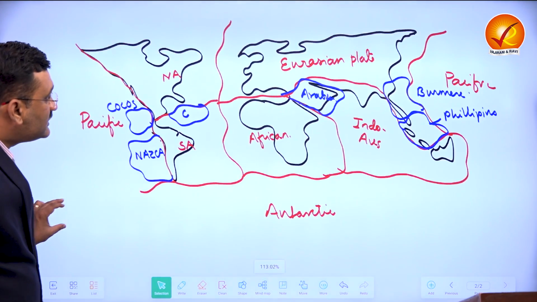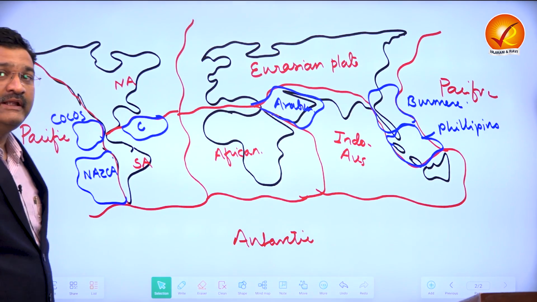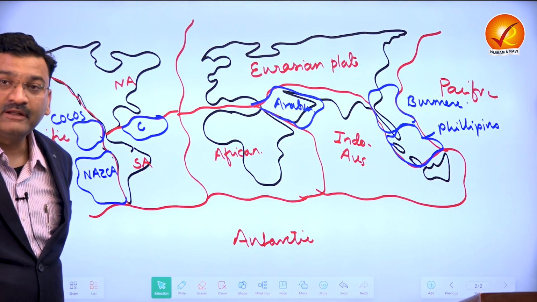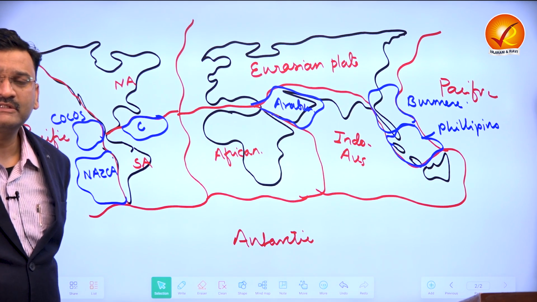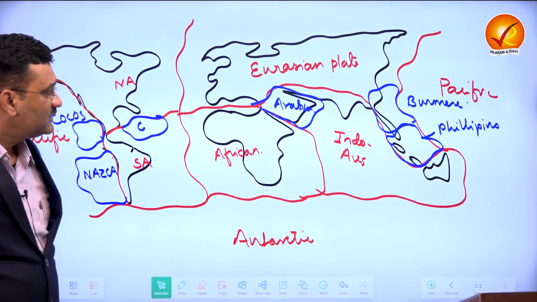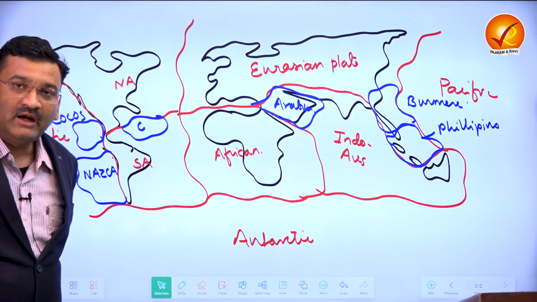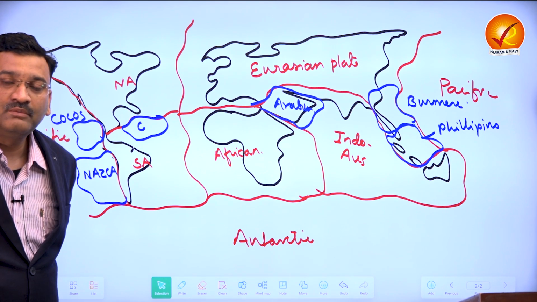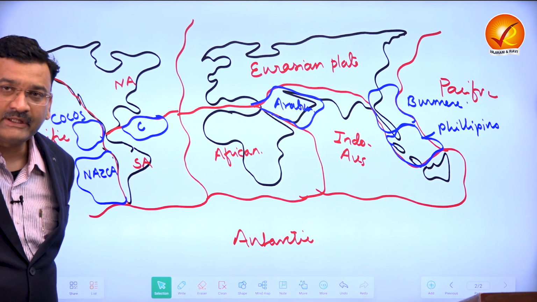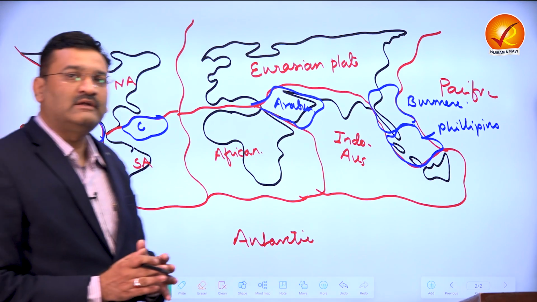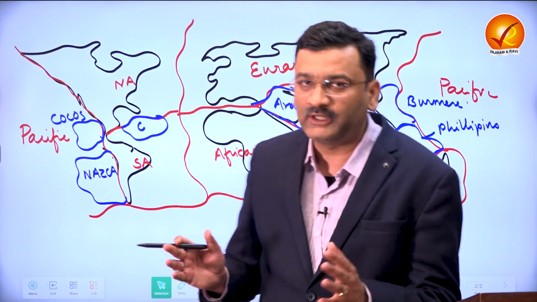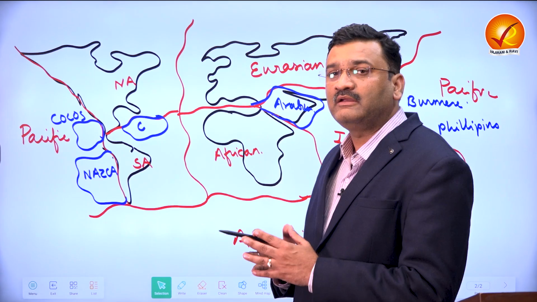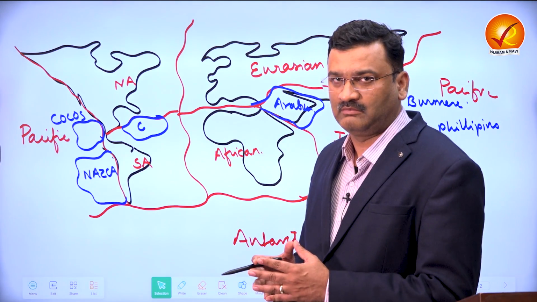So this is the map of plates and plate boundaries, or we can say this is the map of plate tectonics. Wherein we have divided the world map into major and minor plates, and depending on the interaction and movement of these plates, there will be arrangement of the landforms.